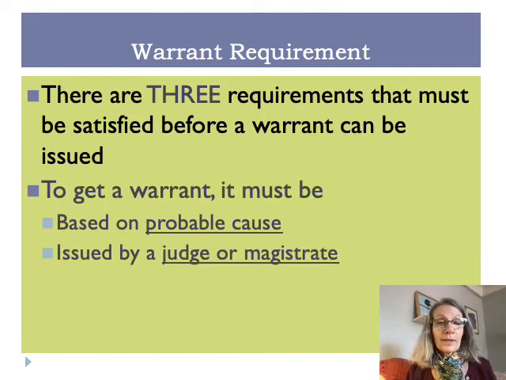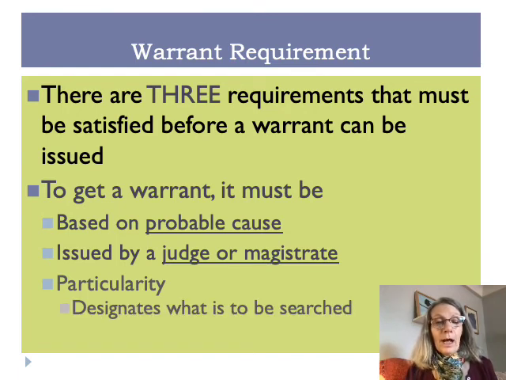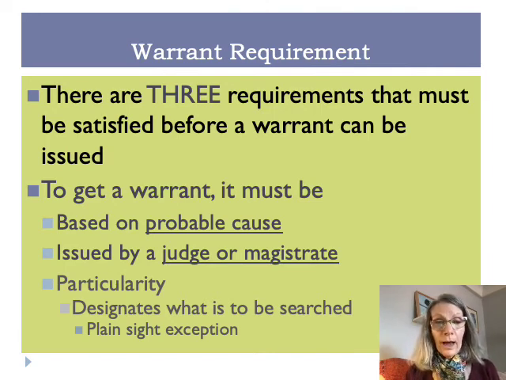The warrant must be issued by a judge or a magistrate, an agent of the court, and it must possess particularity. That is, the warrant designates what is to be searched, right? Because the search needs to be related to the probable cause that a crime has been committed. So the particularity of that search warrant is searching for things that are related to the crime that it's reasonable to think this person has committed.